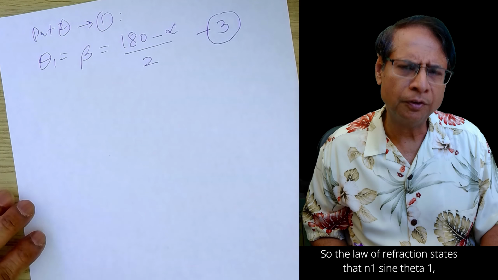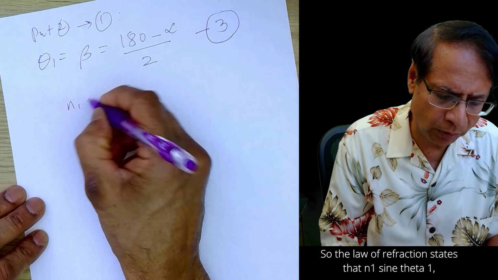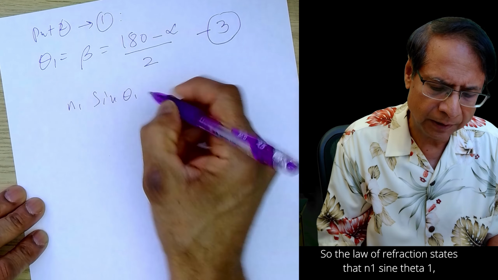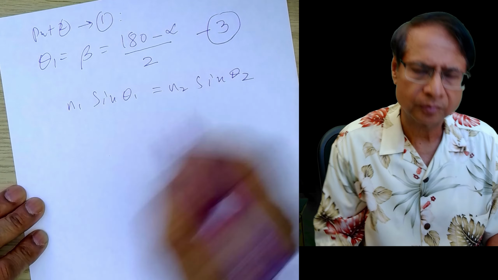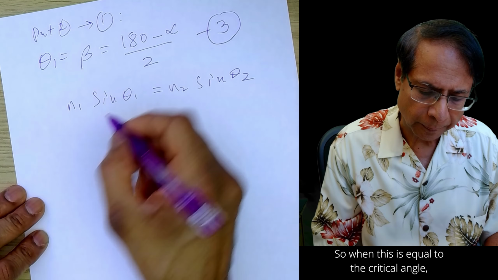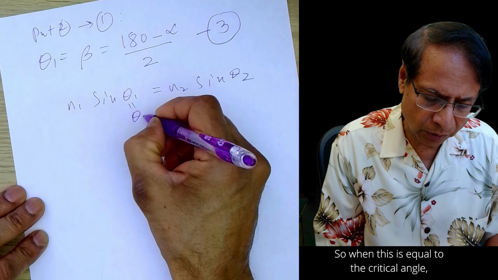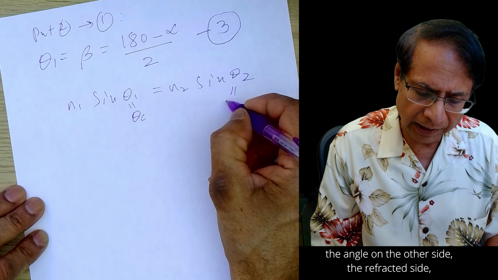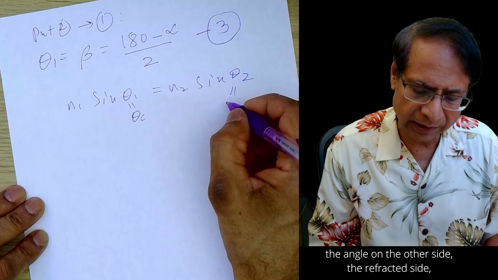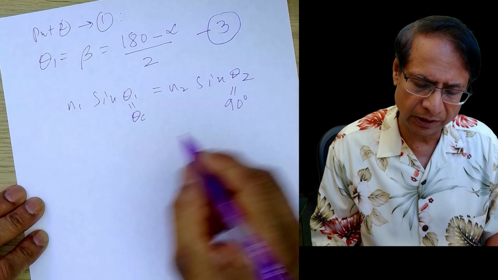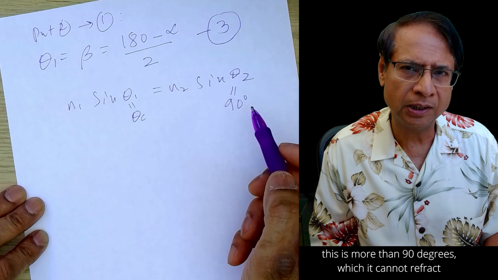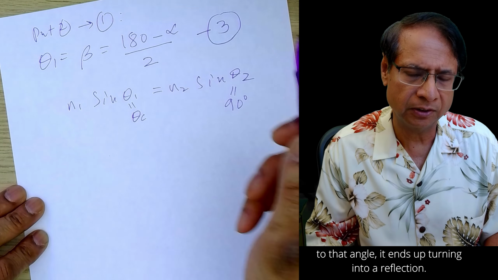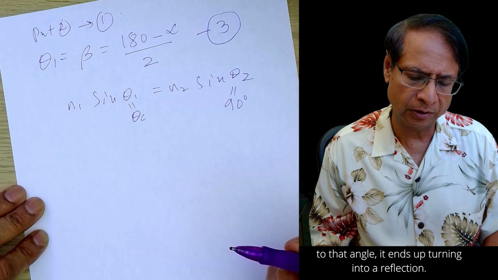The law of refraction states that n1 sine theta 1 is equal to n2 sine theta 2. When this is equal to the critical angle, the angle on the refracted side ends up being 90 degrees. As soon as the angle is more than theta c, it would need to be more than 90 degrees, which it cannot refract to, so it ends up turning into a reflection.